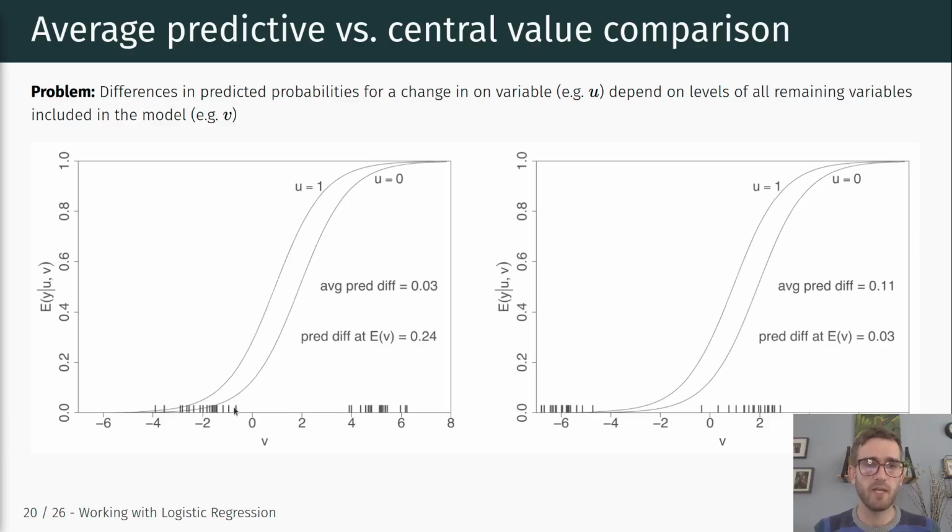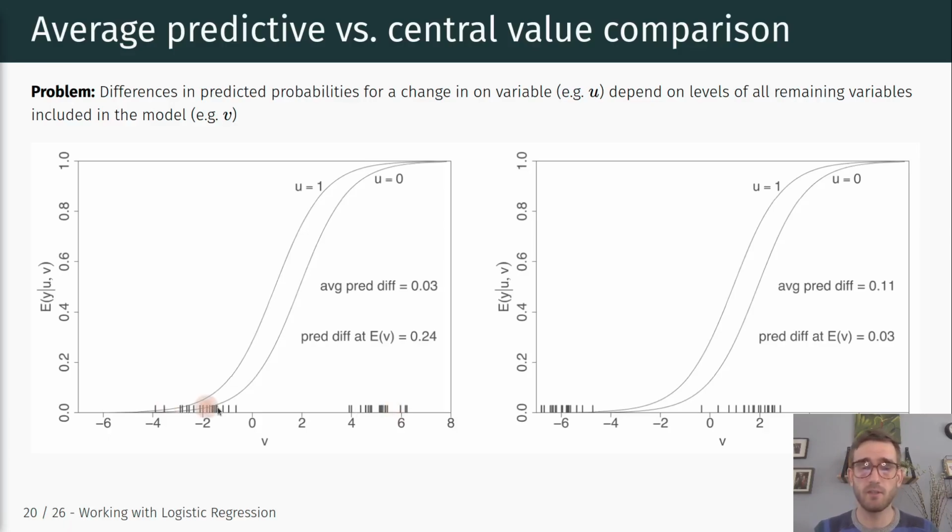On the x-axis, we have our predictor v, and we have two different logistic curves for u being equal to 1 and u being equal to 0. Each of these individual tick marks indicates an individual observation for v. Imagine we have basically the same logistic curves, the same model, on the left-hand side and on the right-hand side. But in both cases, the distribution of the variable v is slightly different.